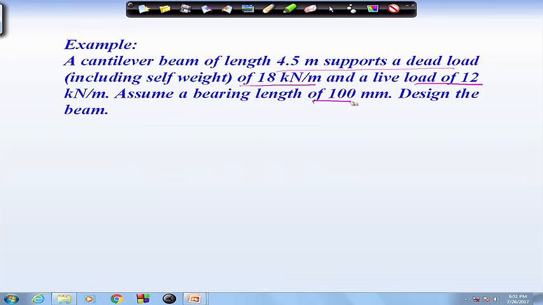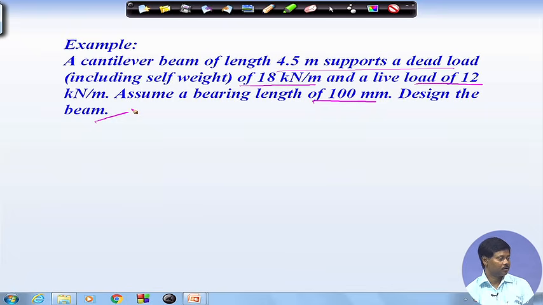Assuming a bearing length of 100 millimeter, design the beam. So, a cantilever beam we have to design where the length of the member is 4.5 and load is given 18 kilonewton and 12 kilonewton as dead load and live load, and we have to assume the bearing length as 100 mm, and accordingly we have to design the beam.